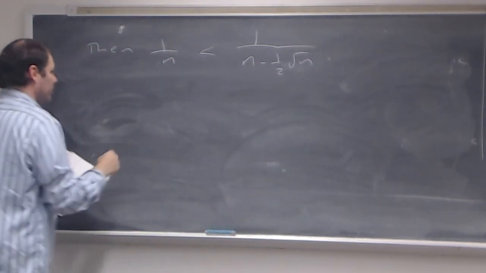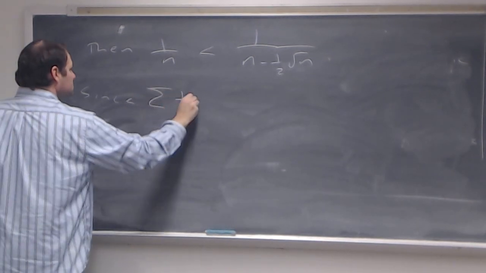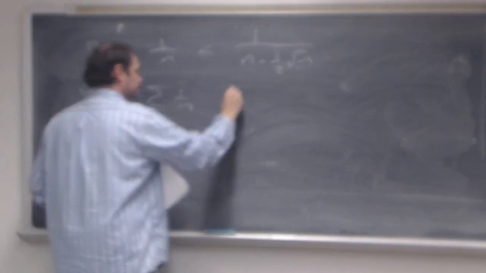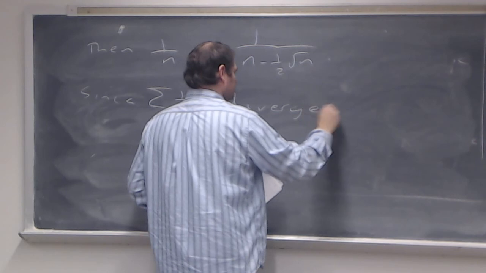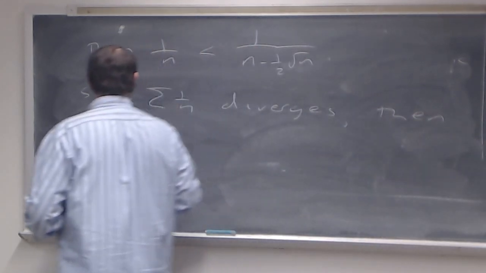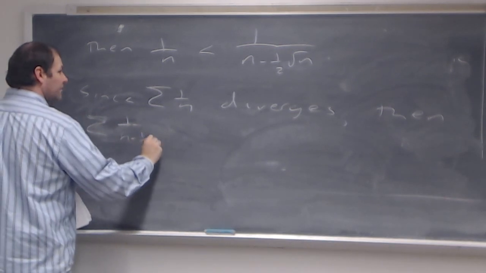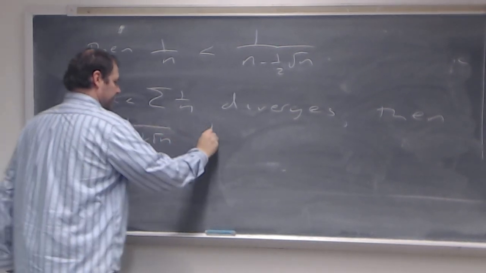Now, since this diverges in terms of a series, then this series 1 over n minus 1/2 square root of n diverges.